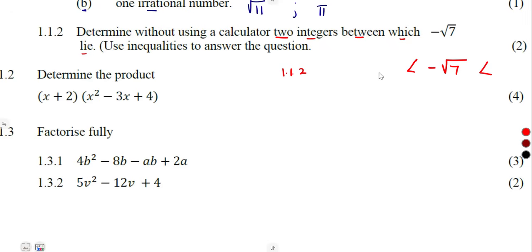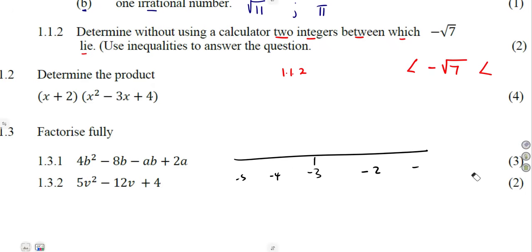We need two integers. Take note, guys, you're dealing with a negative. Let's say we've got minus 3 here. We do not count going this side. Negatives go to the left side: minus 4, minus 5, and so on. The moment we go to the right side, the numbers become bigger: minus 2, minus 1.